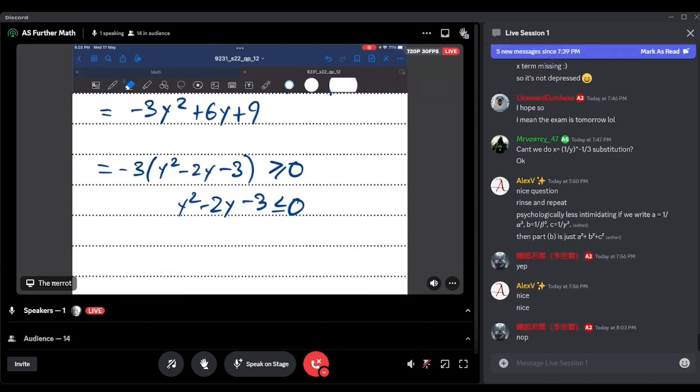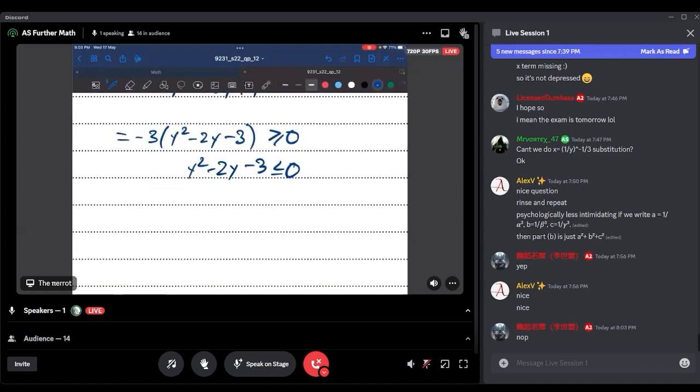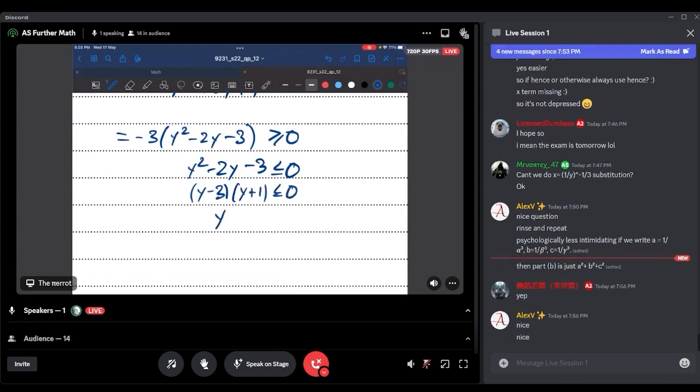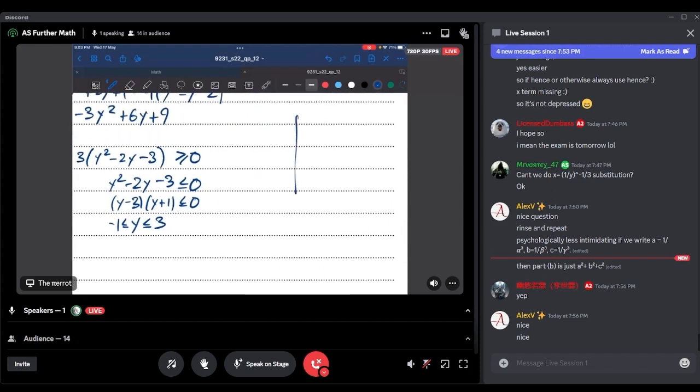Okay, so you can factorize this into y minus 3 and y plus 1 less than or equal to 0. So therefore, this value of y must be in between -1 and 3. If you forgot the reason why, you can always draw the graph. The critical points are just -1 and 3.